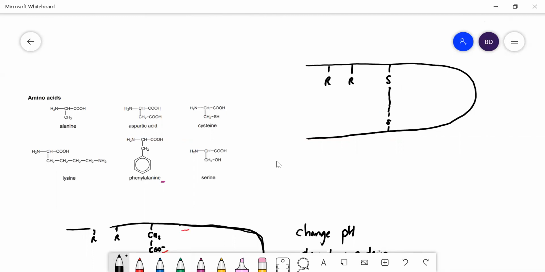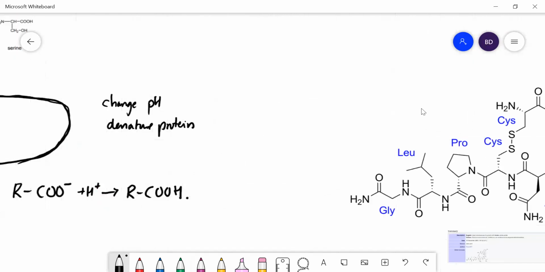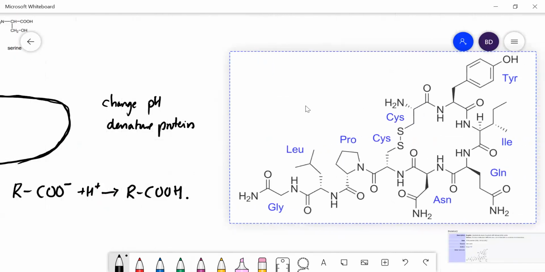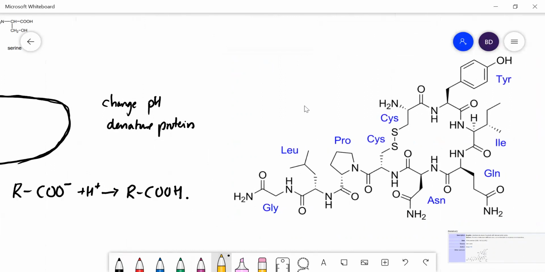Okay, so just to summarize that then, I'll just show you in oxytocin, which is this little small protein here. It's only 8 amino acids long. There you have a disulphide bridge there, holding one part of the protein to another part.